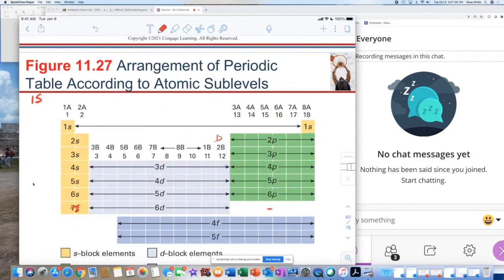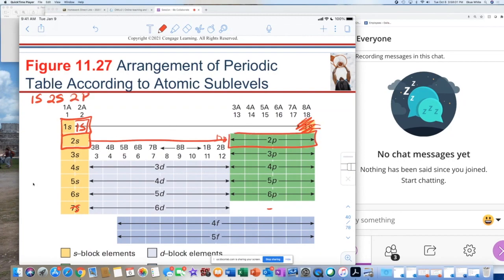For the purposes of this, I move my 1S over here. So I'm starting with 1S first. This part here, that's done. And there's nothing on the right because it's now on the left. Then I go off to 2S. 2S comes next.